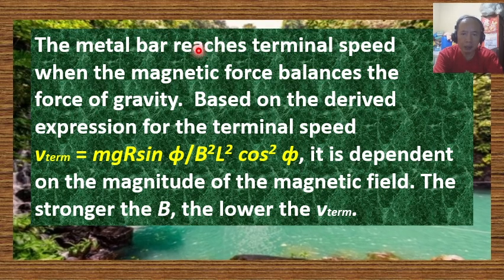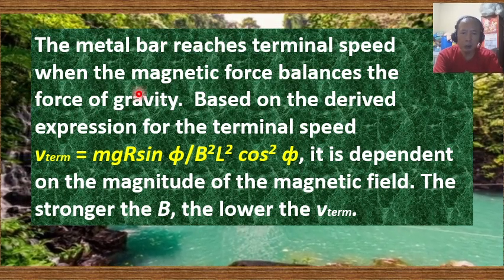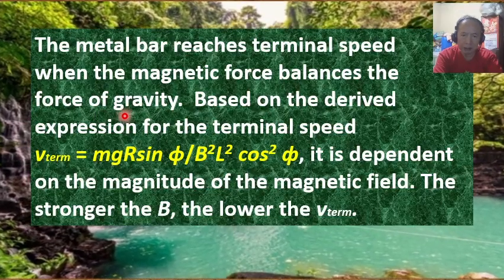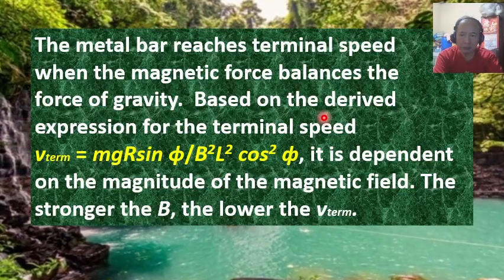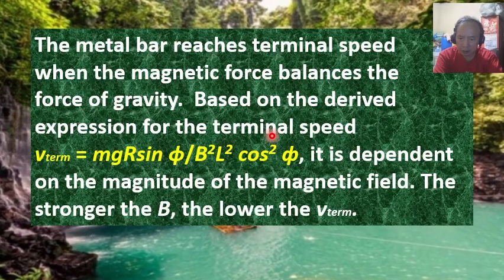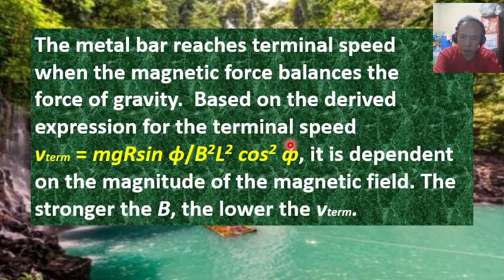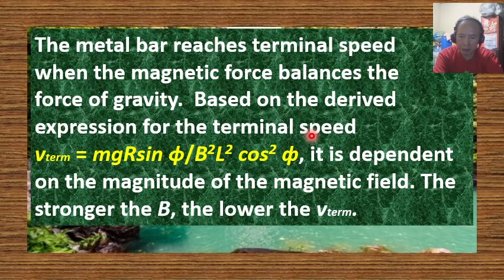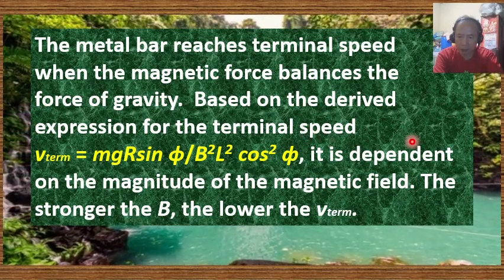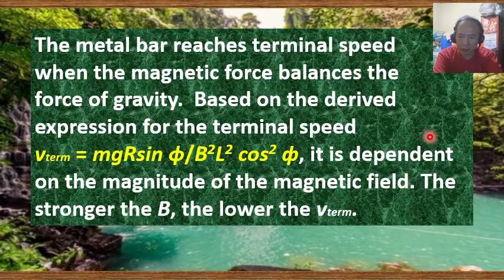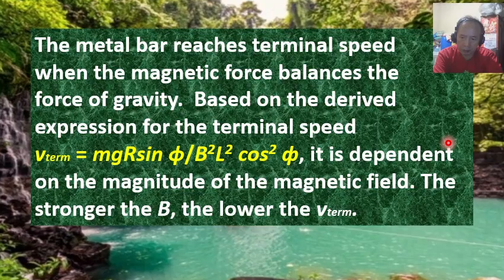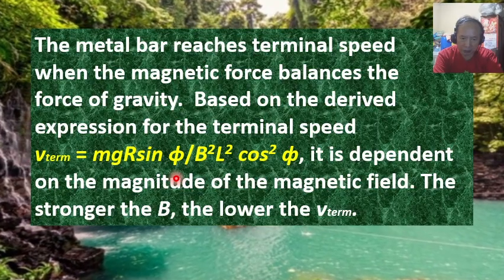The metal bar reaches terminal speed when the magnetic force balances the force of gravity, based on the derived expression for the terminal speed being equal to mg times big R times sine of angle phi divided by B squared times L squared and the square of the value of cosine phi.